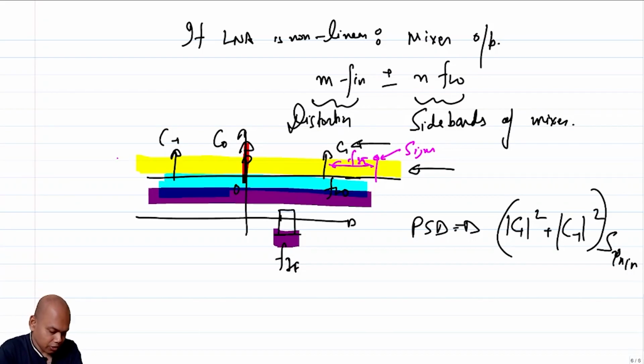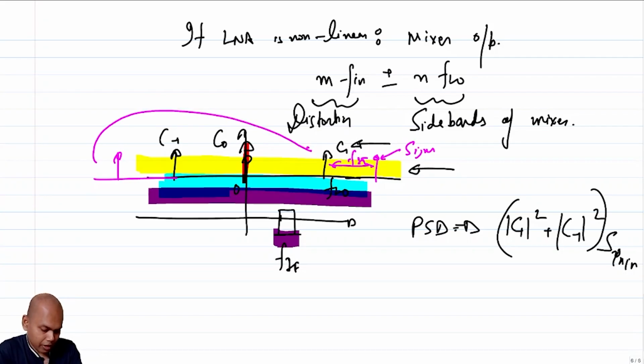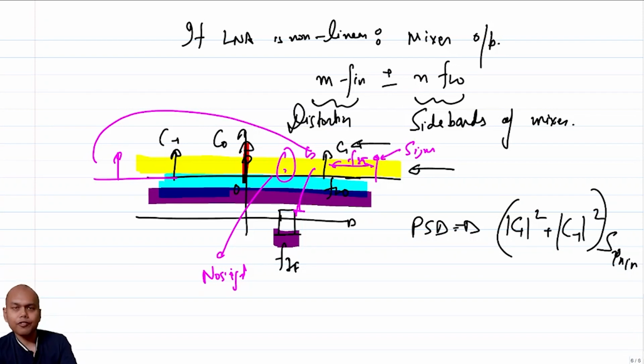The negative frequency also I'm going to have signal. So this guy will get multiplied with this guy, and I will get this guy. But there is no signal at FLO minus FIF. Because there is no signal, it is not getting multiplied with plus FLO to create a tone at FIF.